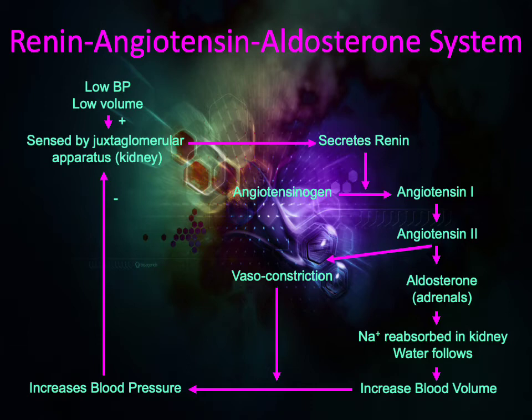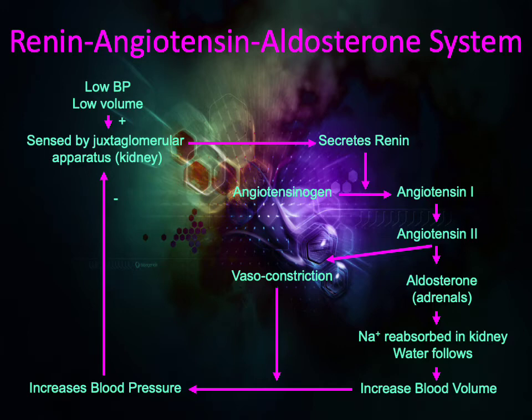The juxtaglomerular apparatus is located near the afferent and efferent arterioles, as well as the distal convoluted tubule, or DCT. It is composed of 3 different types of cells. 1. The macula densa. 2. The extraglomerular mesangial cells. And 3. The juxtaglomerular cells.